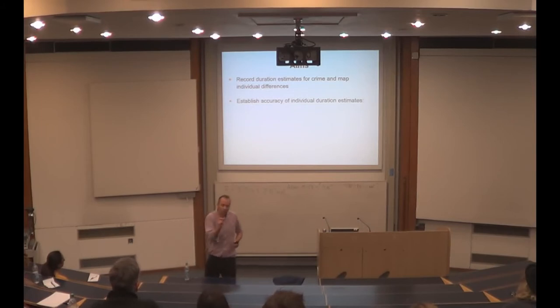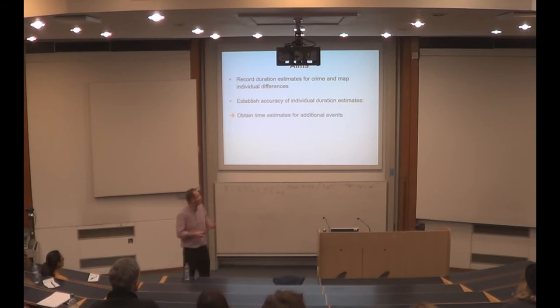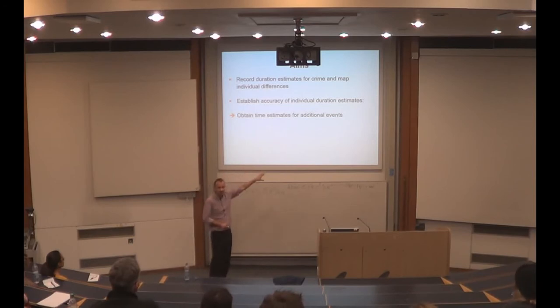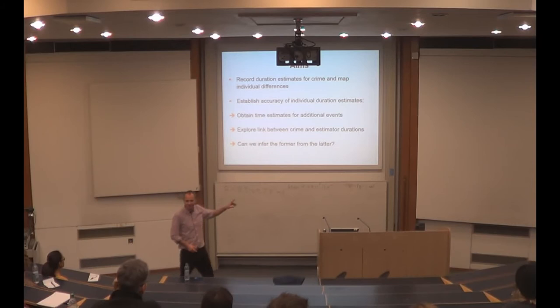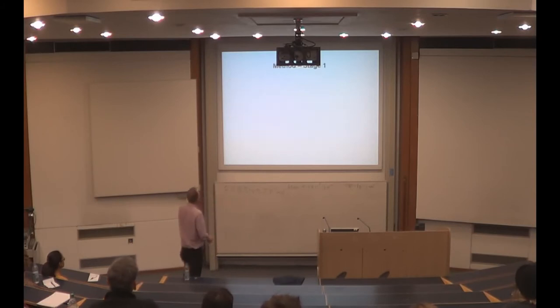And the crucial aspect here is that we didn't do this from our privileged knowledge as experimenters, but rather we tried to find an additional way of obtaining that. We did this by obtaining more time estimates for additional events after our eyewitnesses had already provided their crime time estimates. We can then explore the link between the two to see if we can infer one from the other. If this is confusing, I hope it'll be clear in the next few slides.